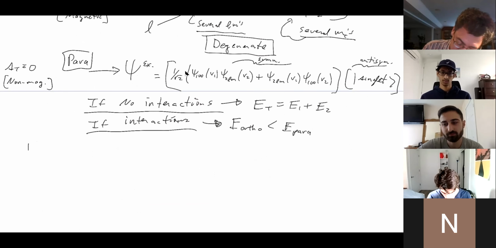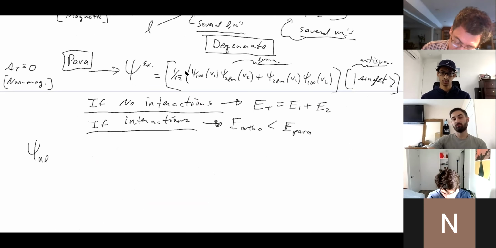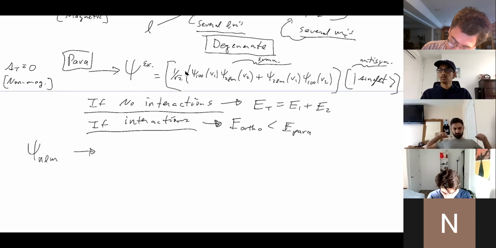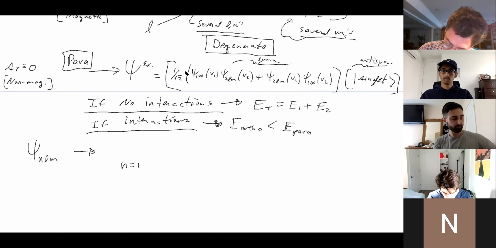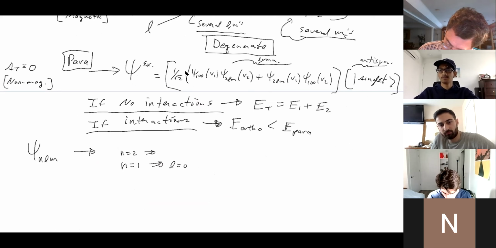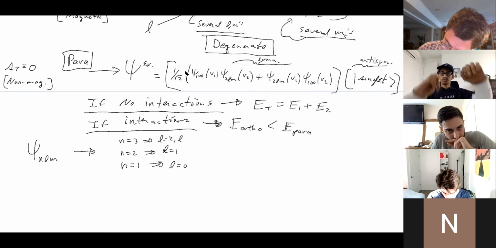There's a rule. It's the rules of atomic physics. I have psi n L m, and the rule is that if I have n equals 1, then I have L equals 0, and there's only 1. If I have n equals 2, then I can have L equals 1. If I have n equals 3, then I can have L equals 2 and L equals 1.